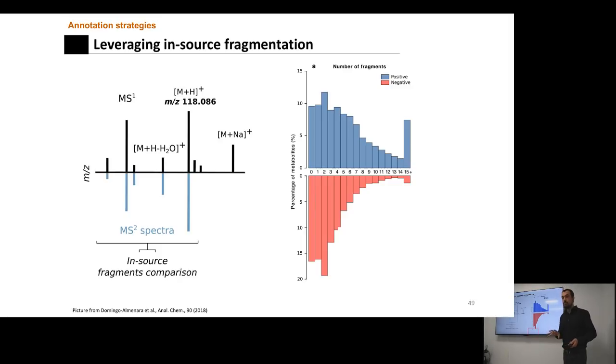It occurs, and we want to take this phenomenon as an advantage instead of a drawback by, as I said, comparing these in-source fragments with METLIN to have a more robust putative identification of our molecules or features.